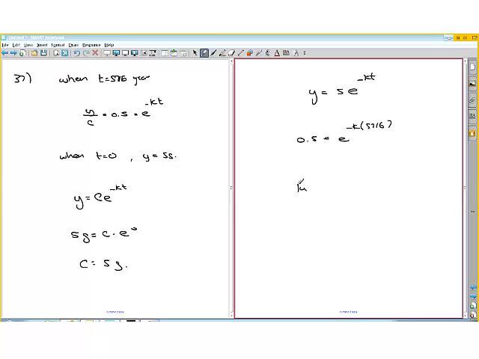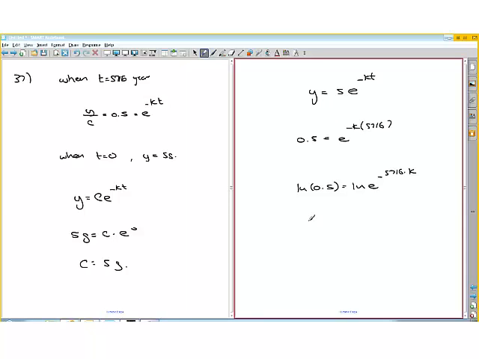So we take the natural log of both sides. You can see the natural log of a half we use a lot because with these half-lives you're going to have 0.5 on the left-hand side. So on the right-hand side, we get natural log of e to the minus 5716 times k.